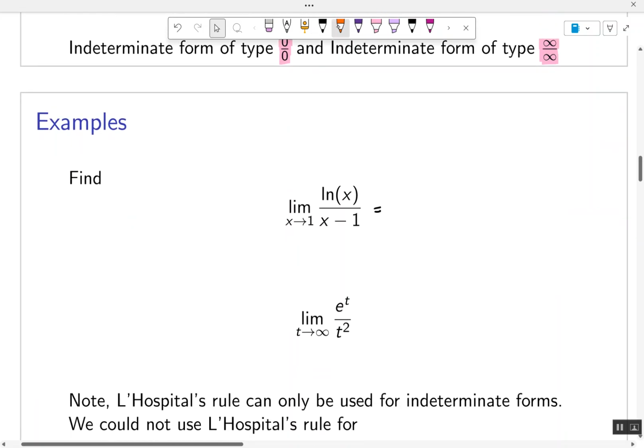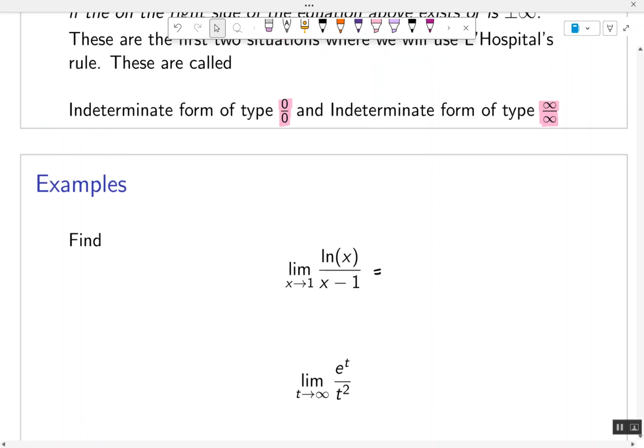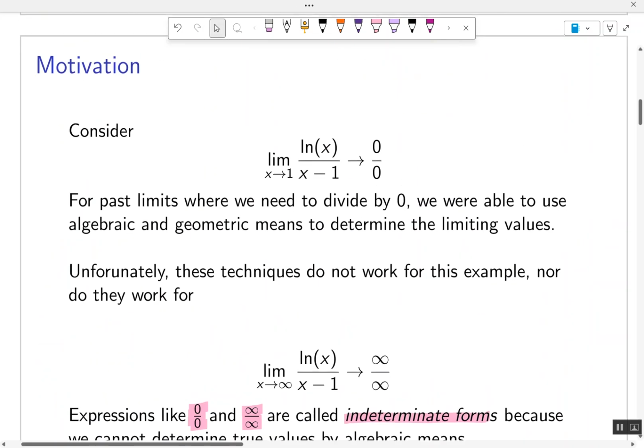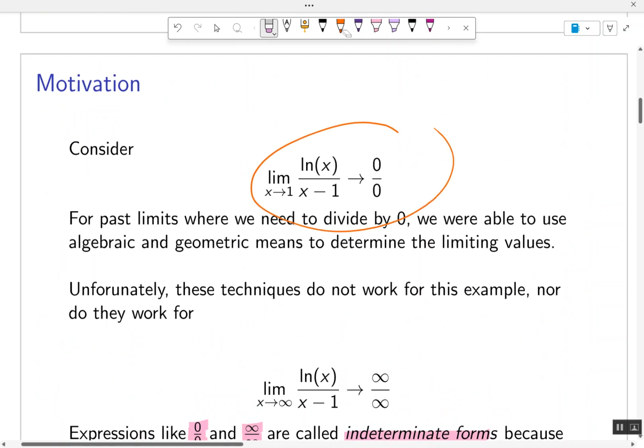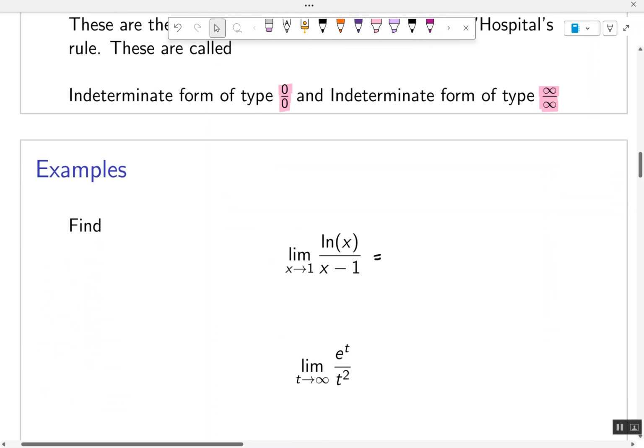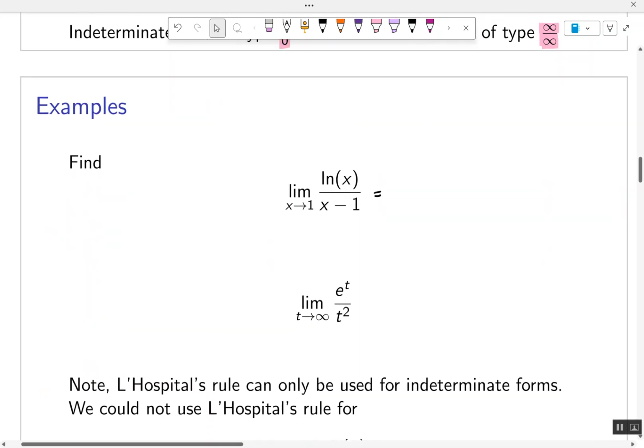So let's look at some examples here. The one that we just wrote out was the limit as x goes to 1 of natural log of x over x minus 1. What I mean is that was the example that we looked at up here. So we know this is of the form 0 over 0. So first we check this guy has the indeterminate form of 0 over 0.